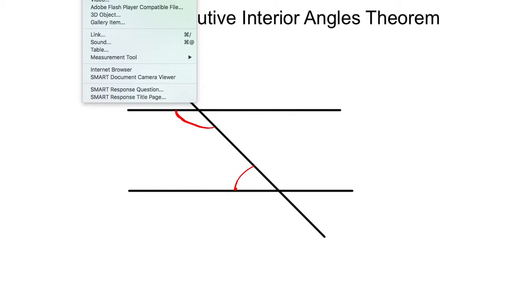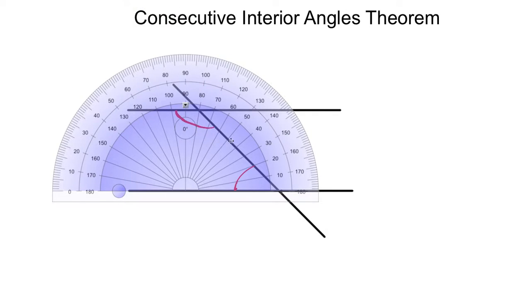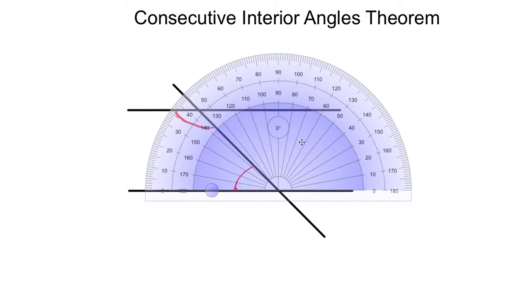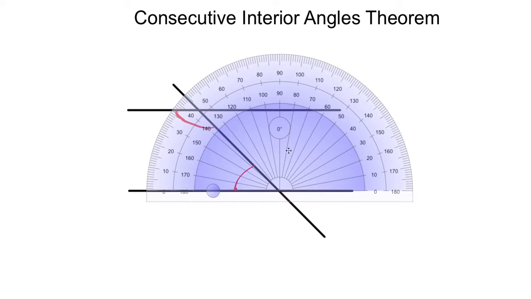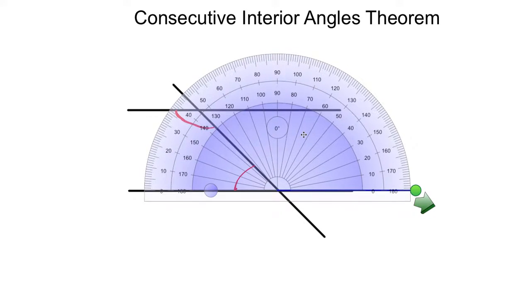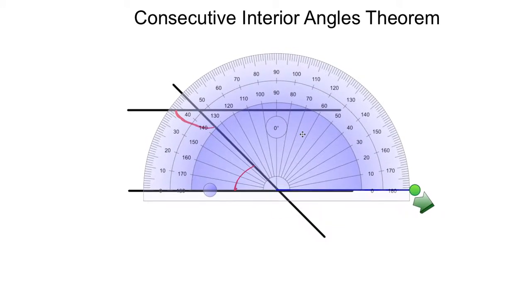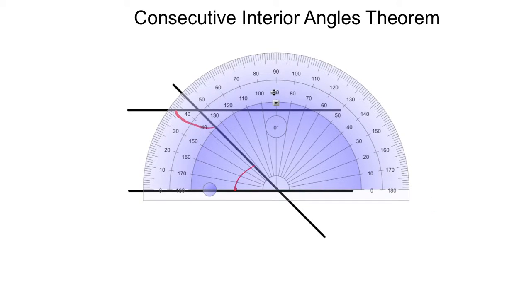So I'm going to pull out that protractor again. And down here, I'm going to measure this. And I'm going to find this to be, what do you want to say that is? 44? Maybe we can say, move it there, make it easier for us. It's about 45 degrees. Okay, 45 degrees.